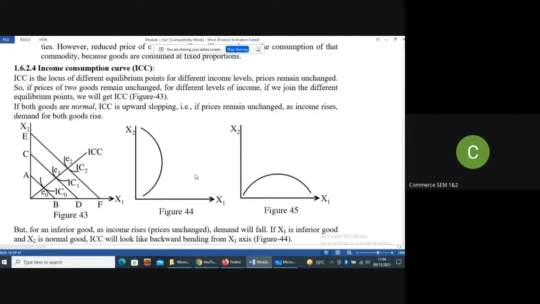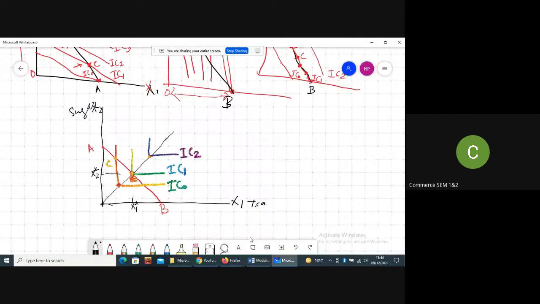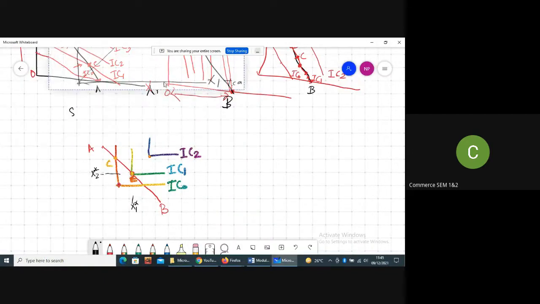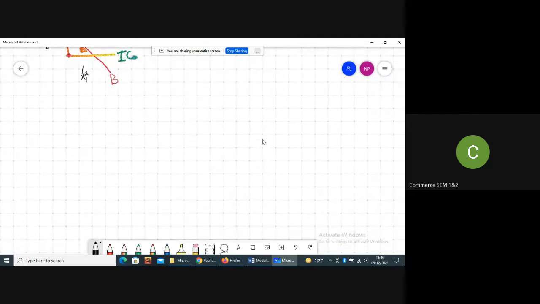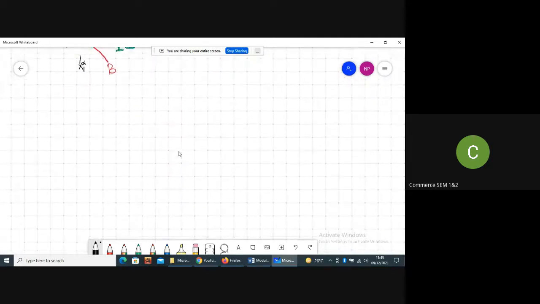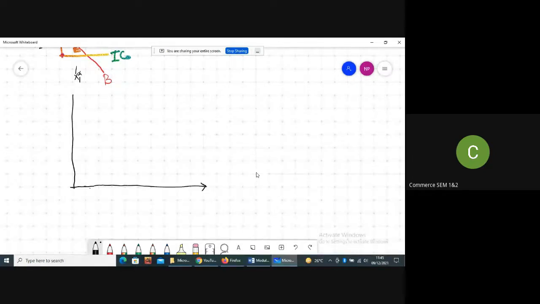Now move on to ICC, the income consumption curve. So what is the income consumption curve? As I said in the previous class, yesterday's class, what will happen if your money income increases and the prices of the two commodities remain unchanged? What will happen to your budget line?